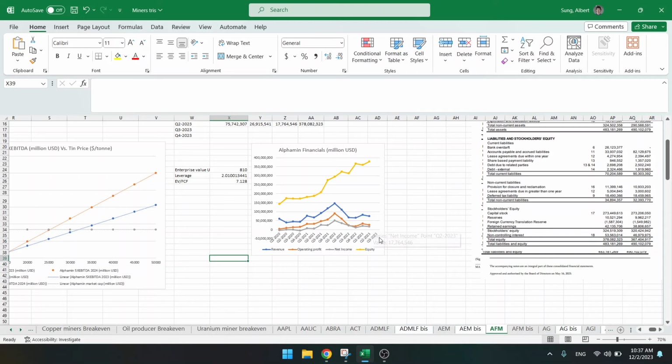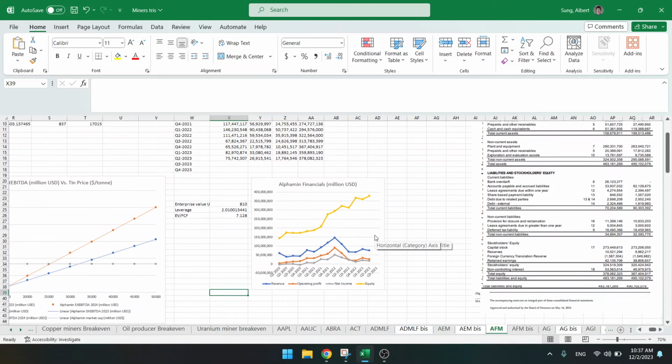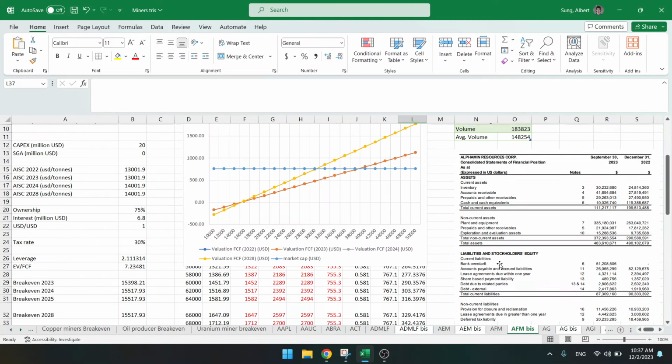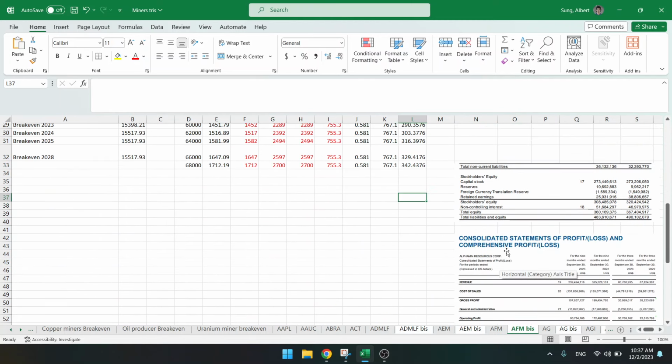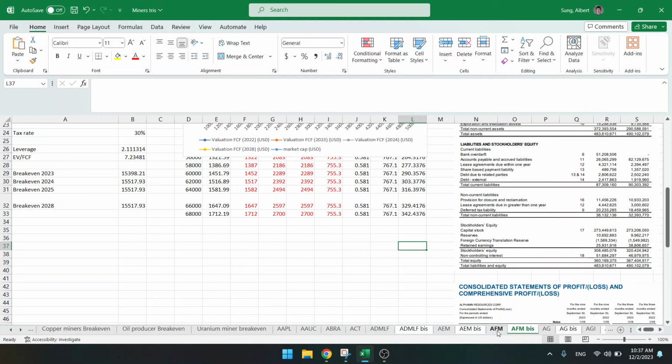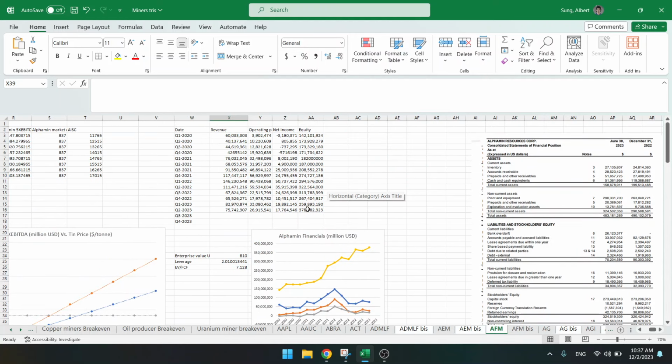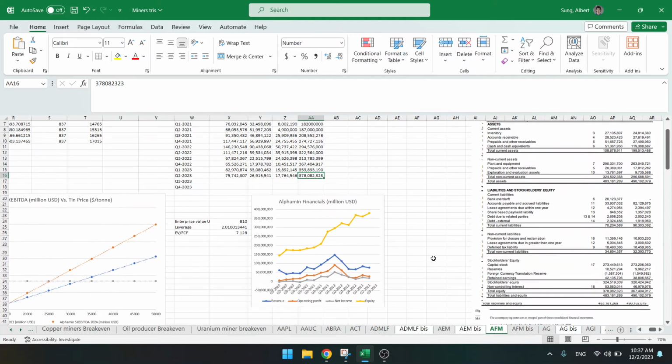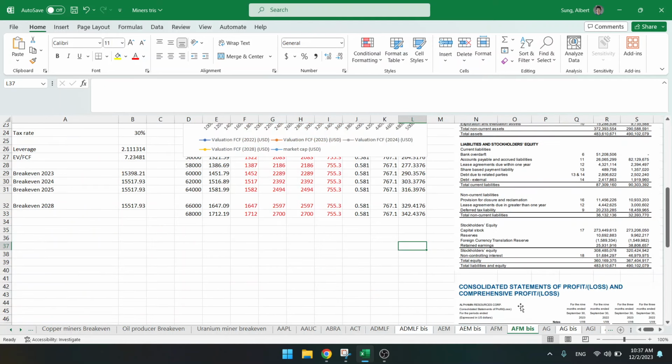Yeah. Oh, we don't have the Q3 numbers yet. Let's add the Q3 numbers as well. Equity is 323.08.